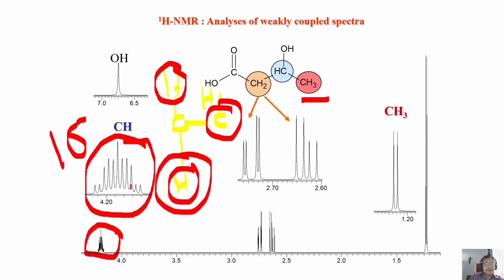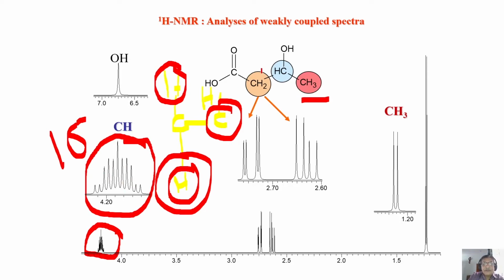It should be 16 lines. 16 lines could be present, but we are not seeing all 16 because some of them are overlapped. Don't worry. As a consequence, you are observing only 12 peaks. 4 of them are hidden or overlapped. Okay, this pattern is understood.